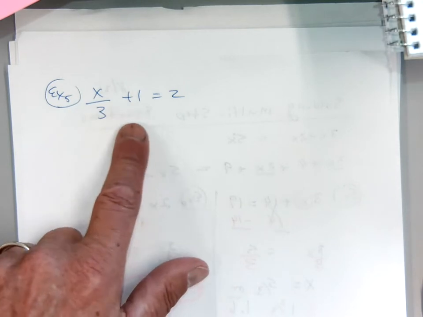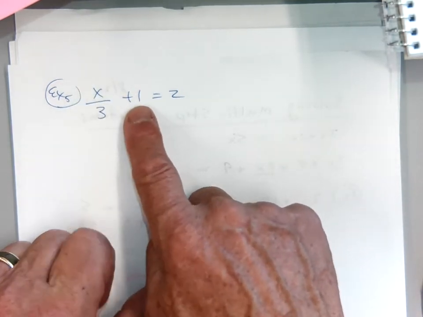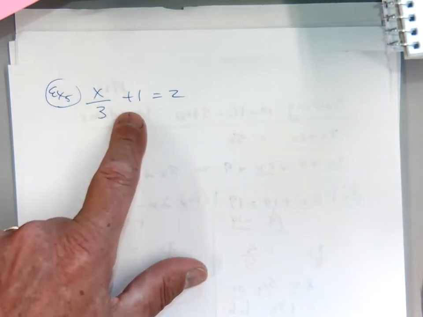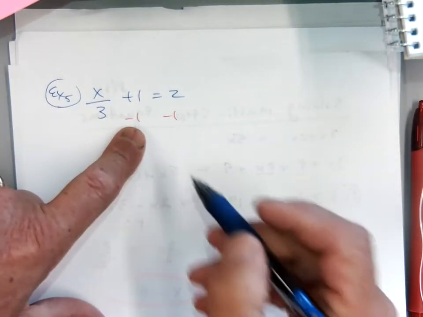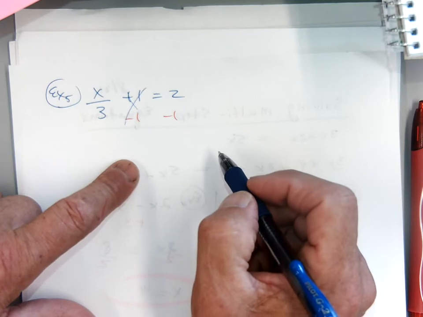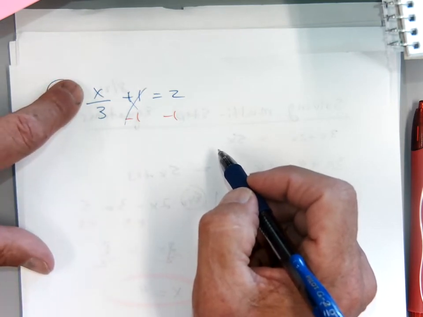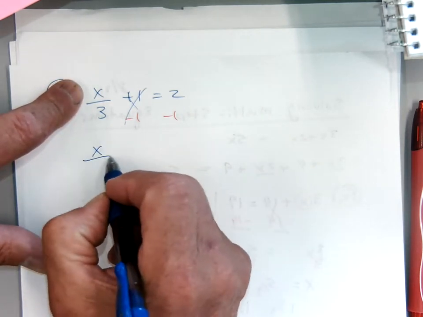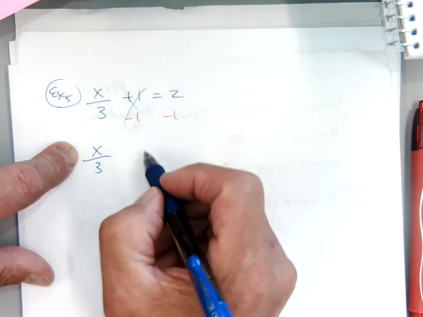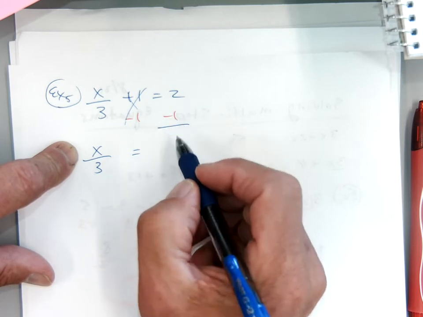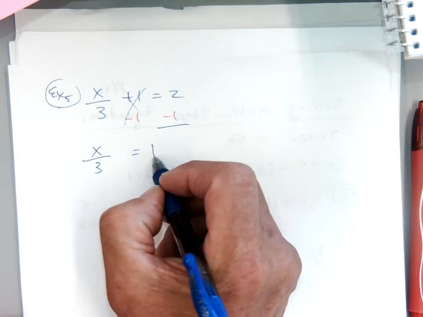So I really want to get rid of the plus 1 first. I want to undo that, and then I'll take care of the x divided by 3. So I'm actually going to go minus 1, because that's the opposite of a plus 1. Gets rid of it. X divided by 3 is still in the problem, so bring the x divided by 3 down. The 1 is gone, equals 2 minus 1, which is a 1.